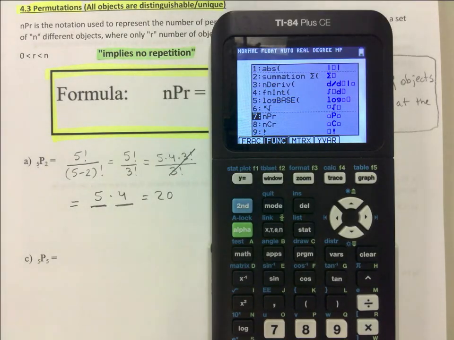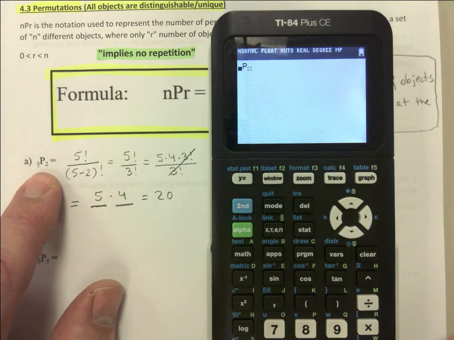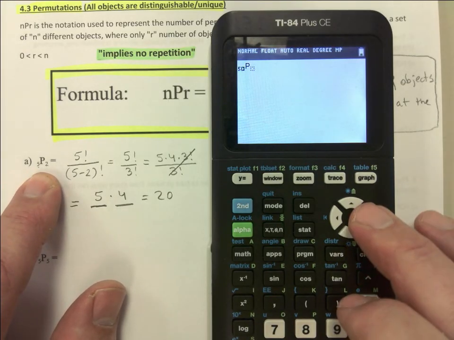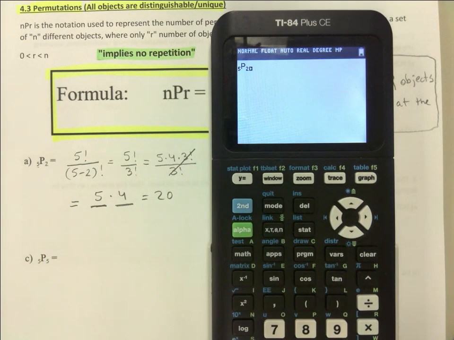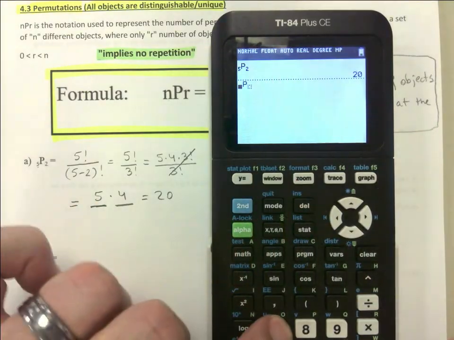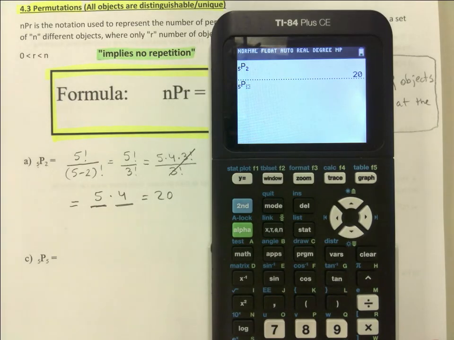Select it, and then just plug in 5 for the first box, that's your n, and 2 for your second box, which is your r. You should get 20. Alpha window 7. Here you go, alpha window 7. 5, you've got to use the side arrow to fill in the rest, that's 20.